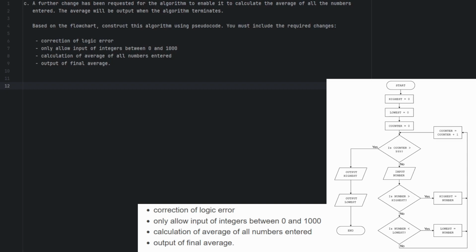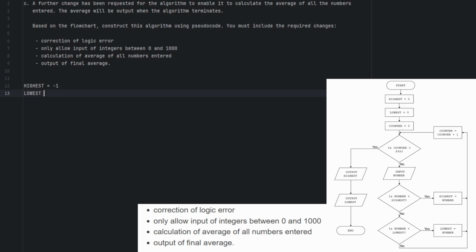Now let's see if we can solve C. I'm going to use my code editor here and write this in pseudocode. We have to correct the logic error, only allow input of integers between 0 and 1000, calculate the average of all numbers entered, and output the final average. Let's get to it. I'm going to set highest to -1, as any value will be greater than that.